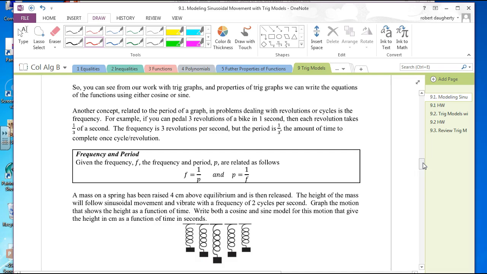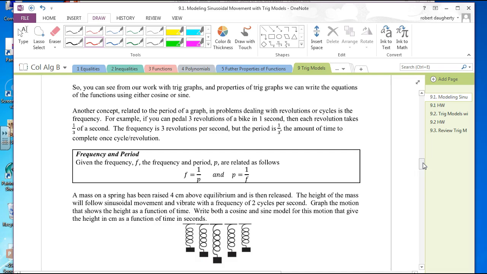Okay, so if I can do 3 of them in 1 second, then in 1/3 of that time I will have done one of those. So each revolution takes 1/3 of a second. This is how you convert from frequency to period.